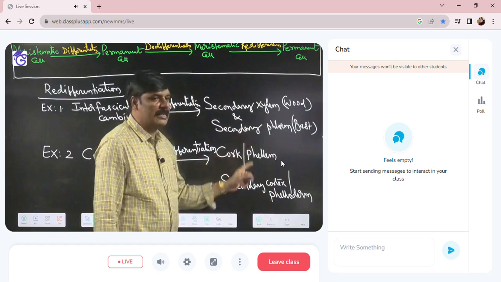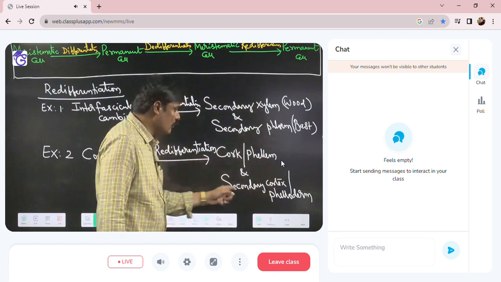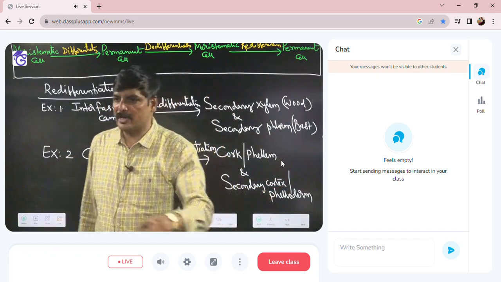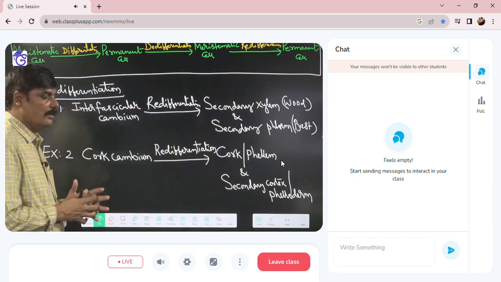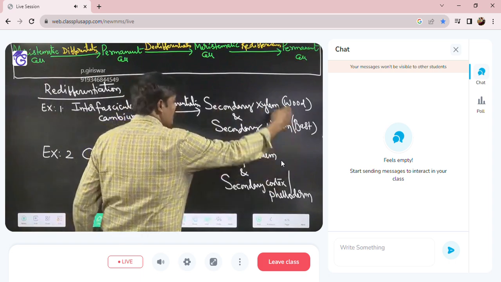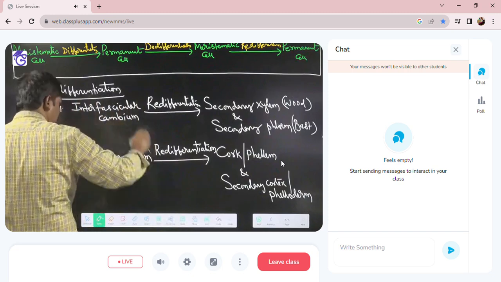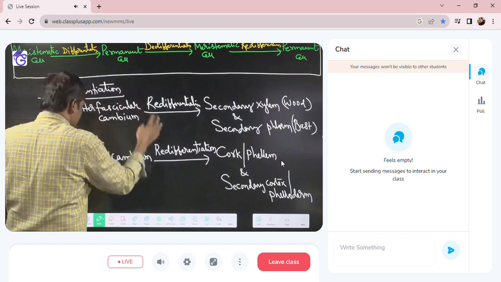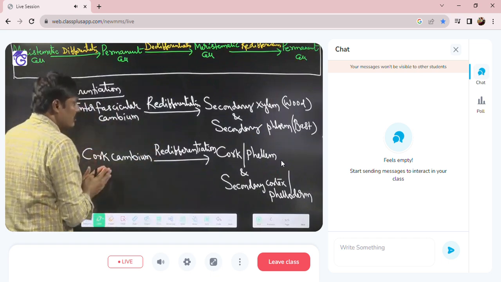So these 4 are the only examples of redifferentiation in plants. Understand? These are the examples of dedifferentiation: interfascicular cambium and cork cambium are formed by dedifferentiation.